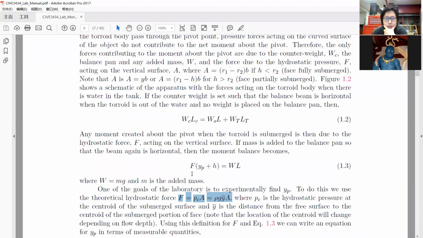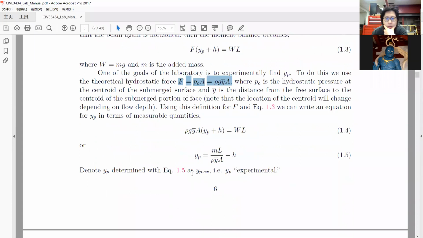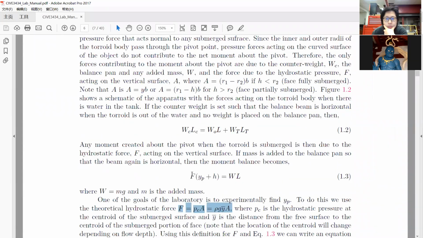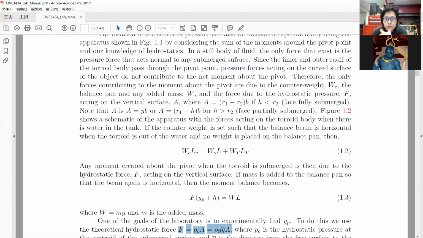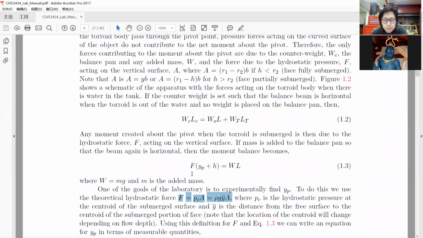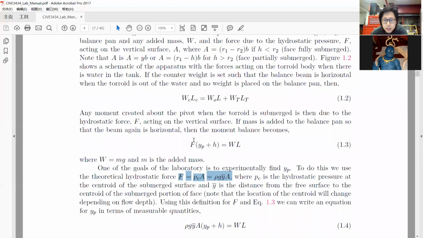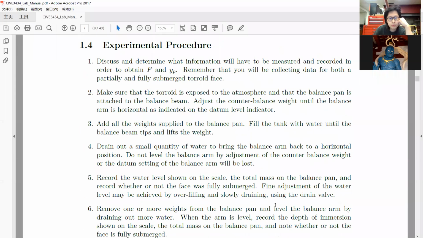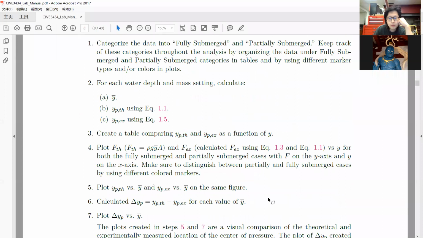This is our theoretical hydraulic force, and using equation 1.3 in here, if we plug the theoretical YP into this equation, we're able to get the experimental F using equation 1.3.